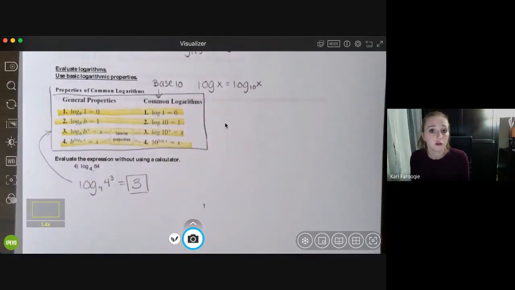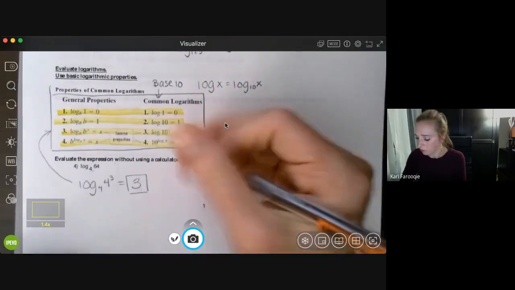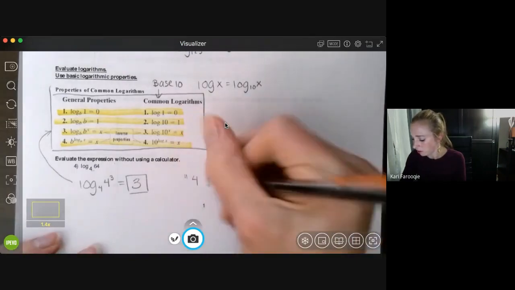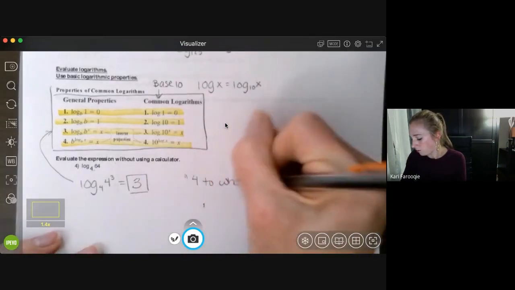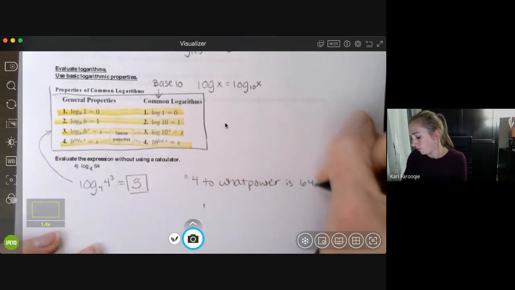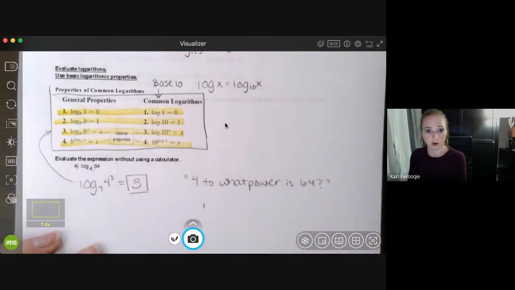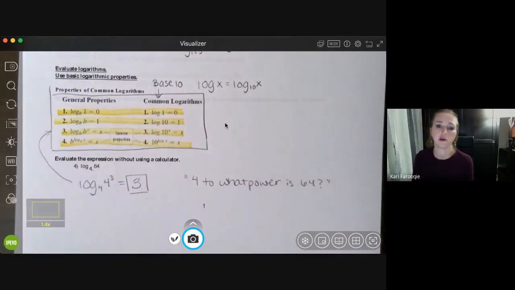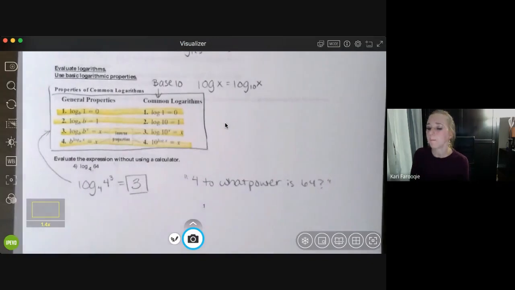And conversely, if you're asking yourself 4 to what power is 64, well, that power is 3. So if you want to do that, I'll write that in English. 4 to what power is 64? That's really what you're asking yourself when you're evaluating these log expressions.